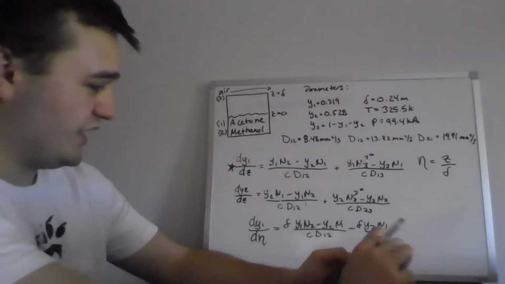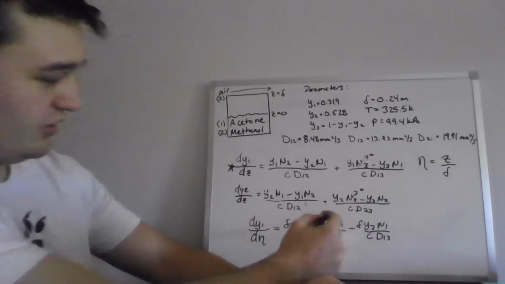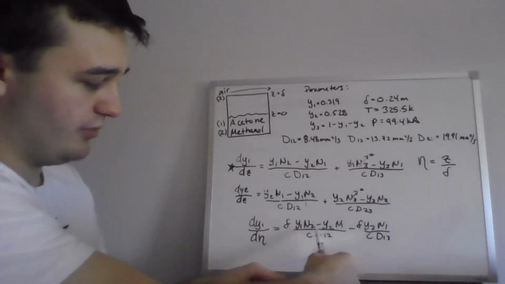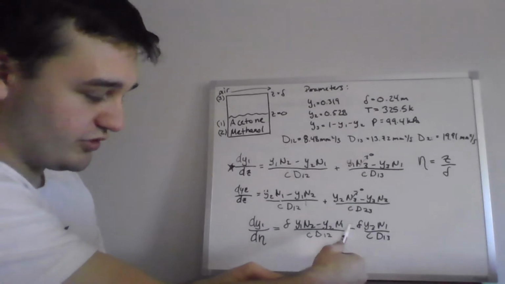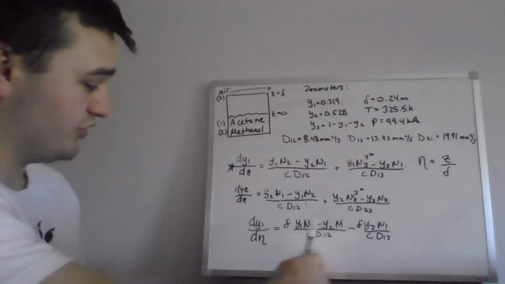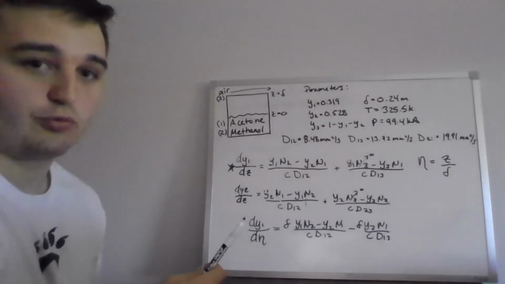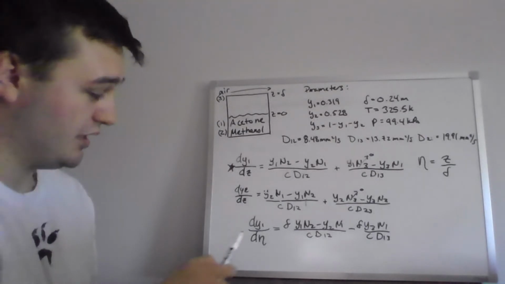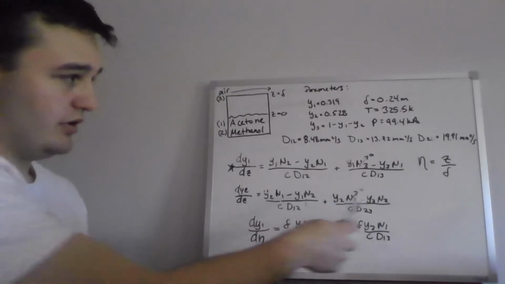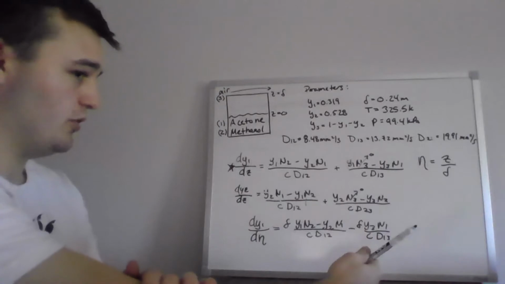So now that we have eta in this equation and delta over here, we can make an order of magnitude guess for what we believe the molar flux of 1 and the molar flux of 2 are going to be. Just by looking at pure numbers here, mole fraction of 1 is always going to be between 0 and 1, because mole fractions have to be between 0 and 1. And now that we scaled eta to be z over delta, we know that that also has to be between 0 and 1.